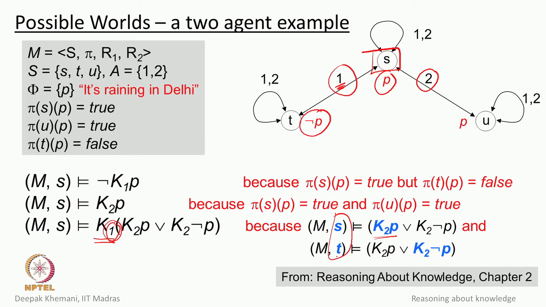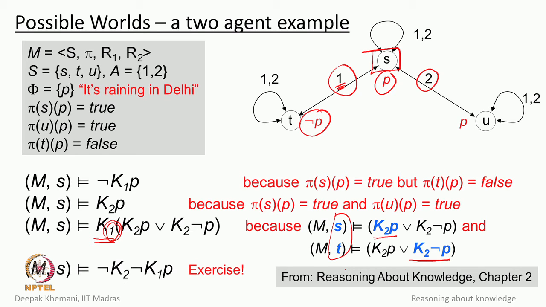In state T, the only state reachable for agent 2 is state T itself, there is only the self loop and nothing else, and in state T, not P is true. So, this formula is true. Because it is a disjunction, and one of the disjuncts is true in each state, agent 1 knows that agent 2 knows whether it is raining in Delhi or not.